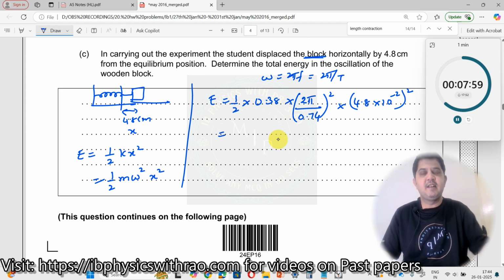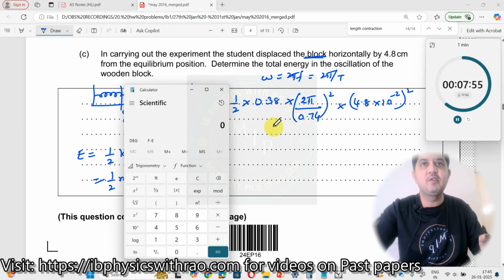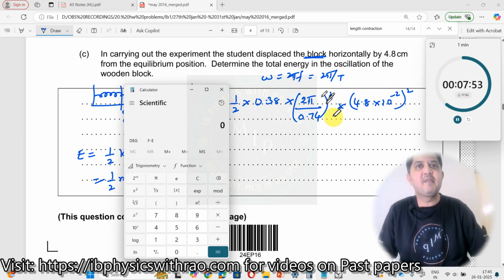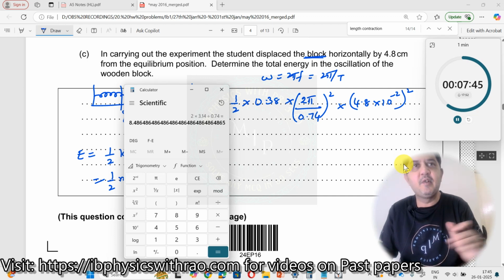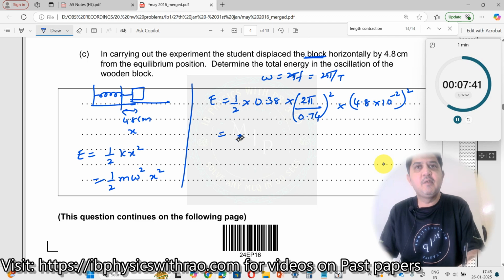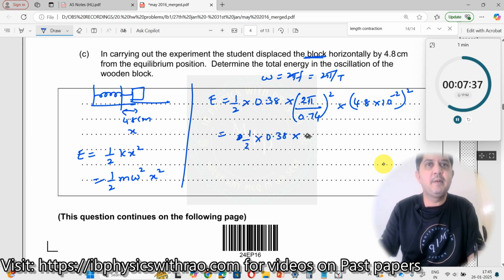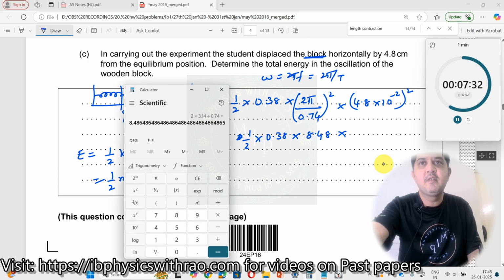Okay, now let us calculate using our calculator. First let me calculate this 2π. 2 into 3.14 divided by 0.74. What is it? I get 8.48. Okay, so I will write down here as equal to half into 0.38 into 8.48 into 8.48, right?